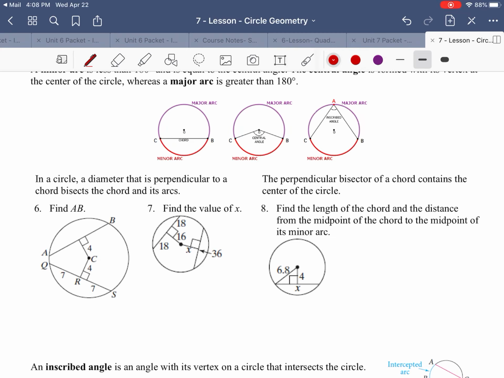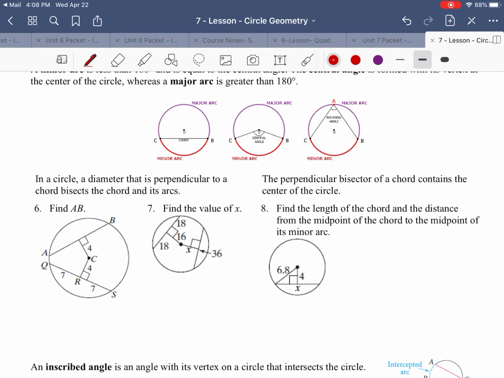In a circle, the diameter that is perpendicular to the chord bisects the chord and its arcs. All right, so that's a relationship. A diameter that is perpendicular to a chord. So a chord is a line segment that passes through a circle, right, but doesn't extend beyond the circle. So, for example, A and B, that's a chord, all right?